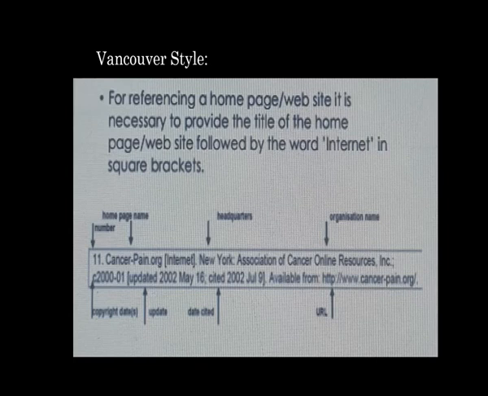I will explain it with an example. For example, 11 is the number, homepage, which is the cancer pain headquarter in New York, then associated with the organization name, and then copyright and subtitles, and then followed by the URL. Thank you.